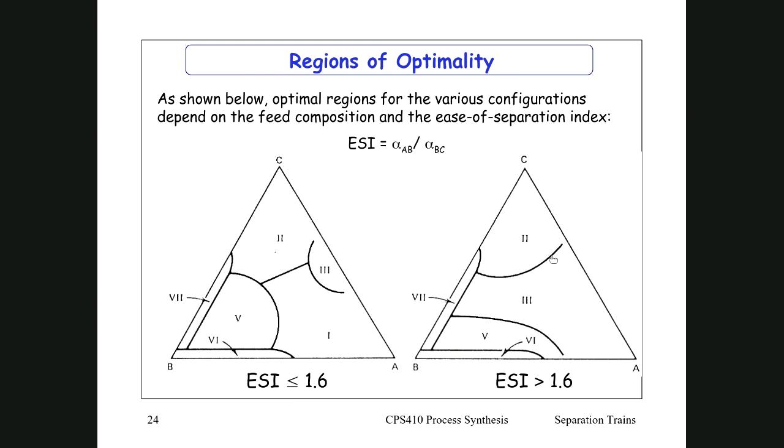The boundary here has started to move over as you go from, let's say, ESI 1.5 up to ESI 1.7. This boundary has started moving across, and now that boundary lies this way, and it's taken over all of that area that 1 used to occupy, and now it's occupied by number 3, which is the prefractionator with distillation.